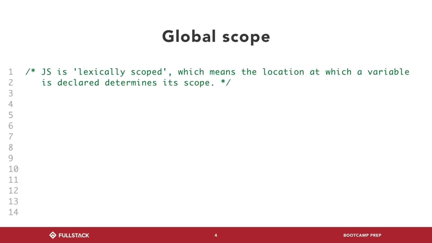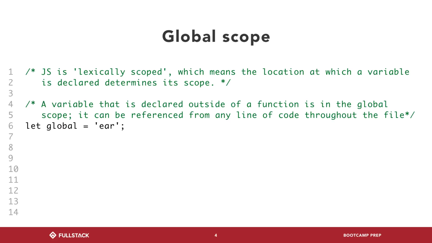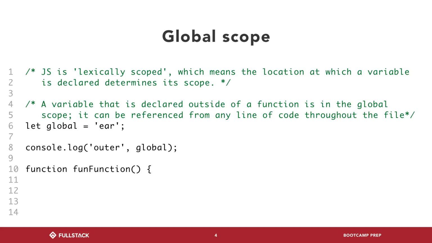What does that mean for global scope? The way that scope in JavaScript works is it follows a very family-oriented relationship.